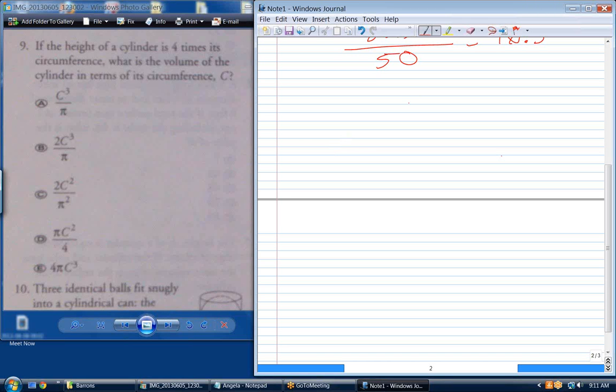What's the volume of a cylinder? It's pi r squared times the height. They've told us that the height is 4 times the circumference. So there's everything they've told us.